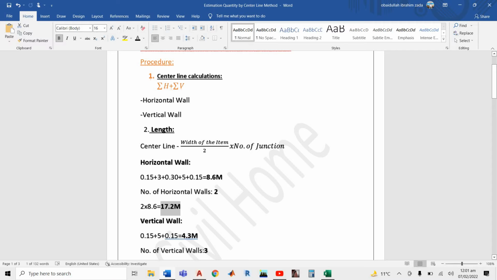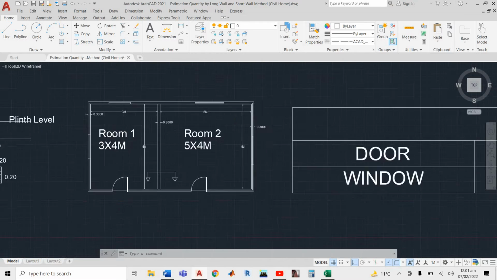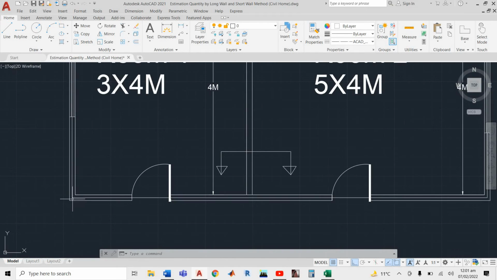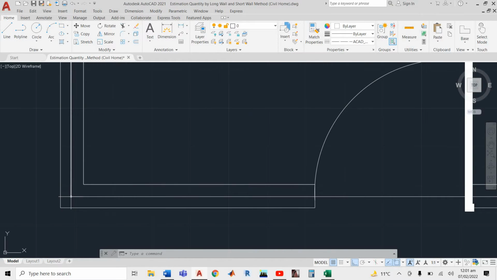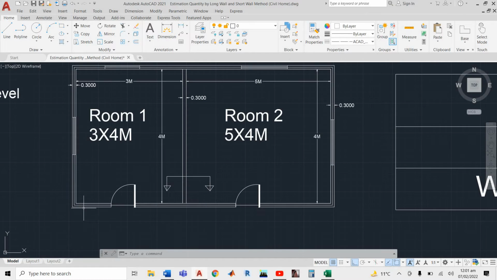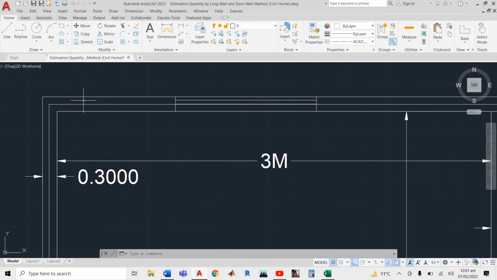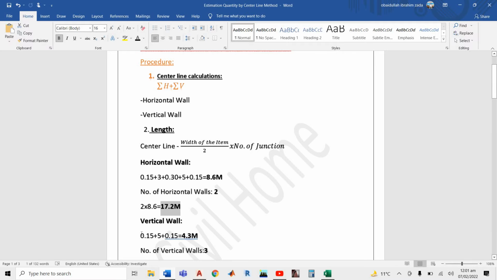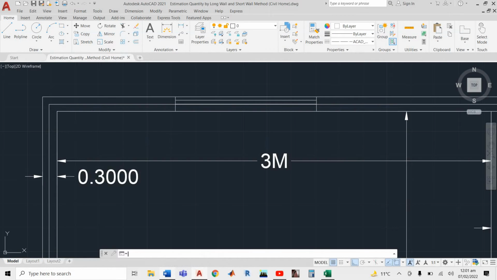Then we have to calculate for the vertical walls also. For a vertical wall, here we have to go up to here, 0.15, plus 4, because the vertical dimension is 4, and plus here also we have 0.15.